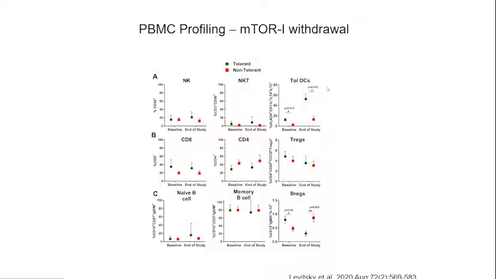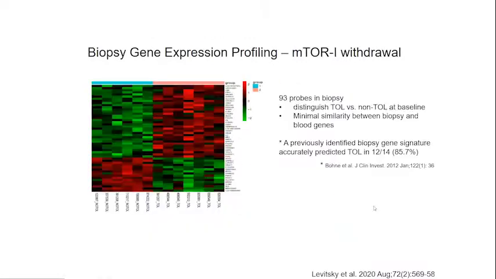So tolerogenic dendritic cells up here, to some degree Tregs, regulatory B cells were higher. We also looked at biopsy gene expression, and we used the same gene signature that was shown in that prior study, in our study, and it was a good predictor of the ability to achieve tolerance, which is really kind of exciting, that it would validate it in an mTOR cohort where the previous was a CNI cohort.